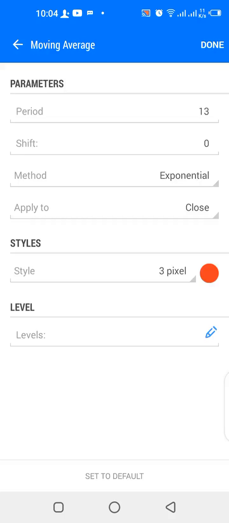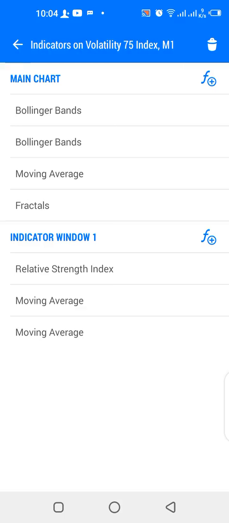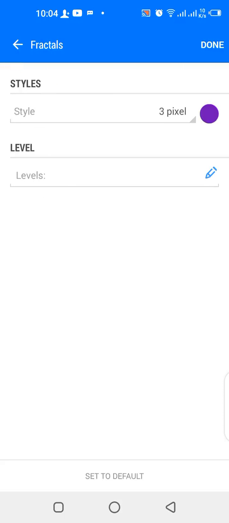Another indicator, moving average. Period is 13. Shift is 0. Method is exponential. Apply to close. And the color of the style is red. Lastly, we have fractals on the main chart.